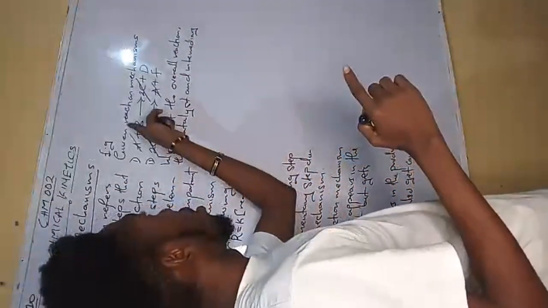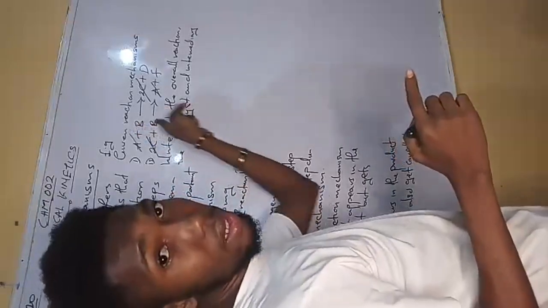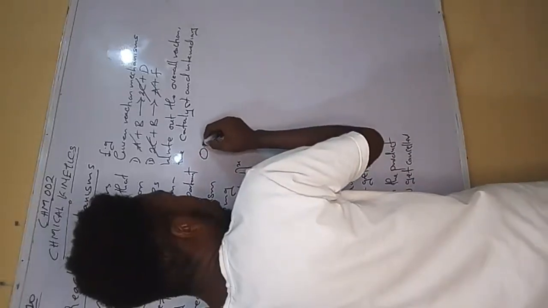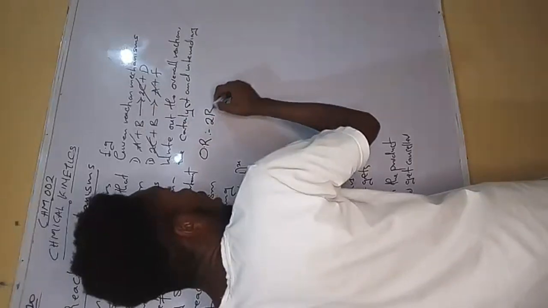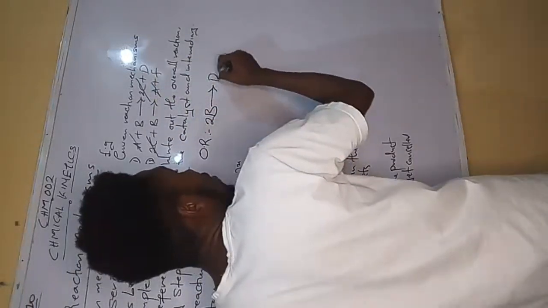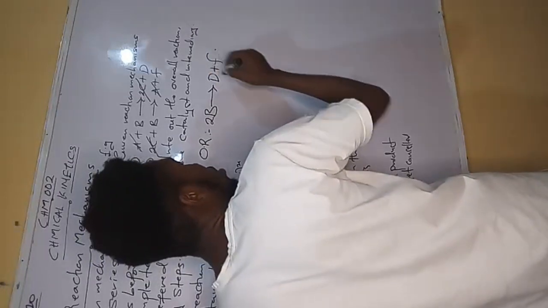That shows that it is a catalyst. B and B cannot cancel out, because both B are reactants. So to write the overall reaction, we just write 2B, that is B plus B, to give you D plus F.